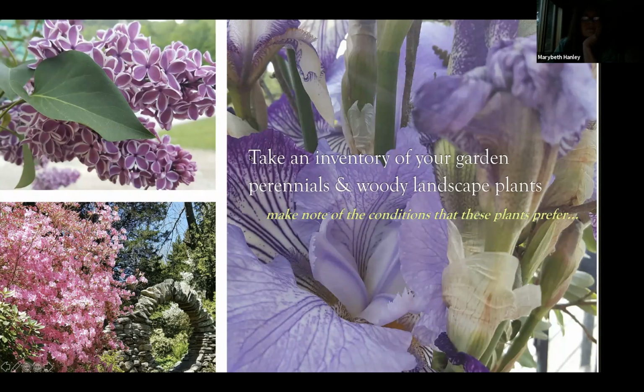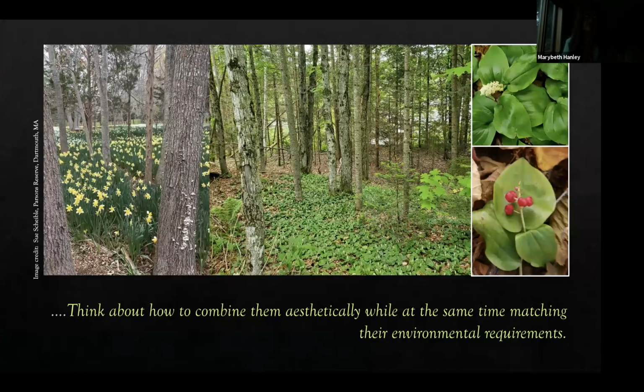If I was going to do this, I would make an inventory of all the garden perennials and woody landscape plants, and at the same time note the conditions in which these plants seem to be doing well. And then think about how to combine them aesthetically while at the same time matching their environmental requirements.